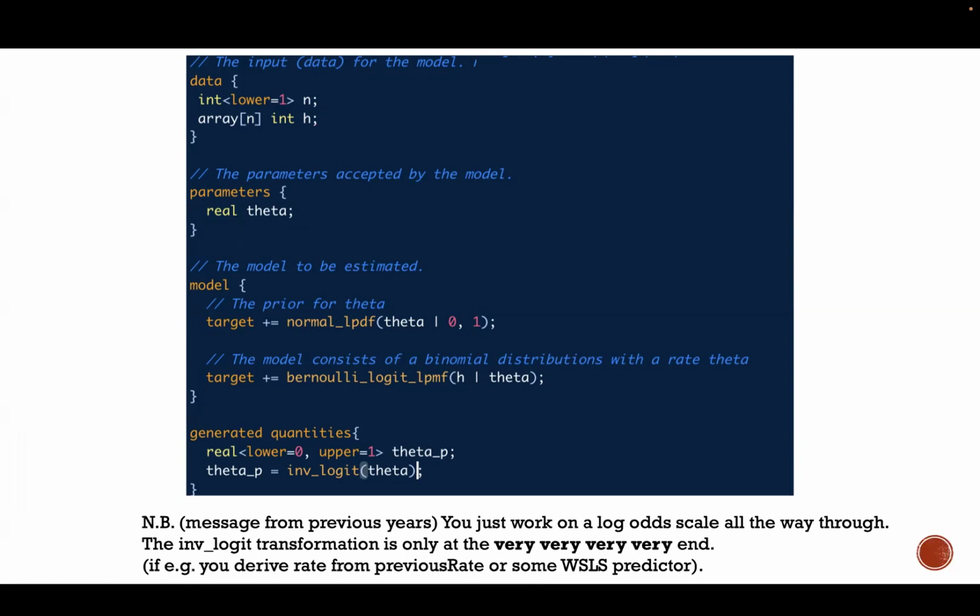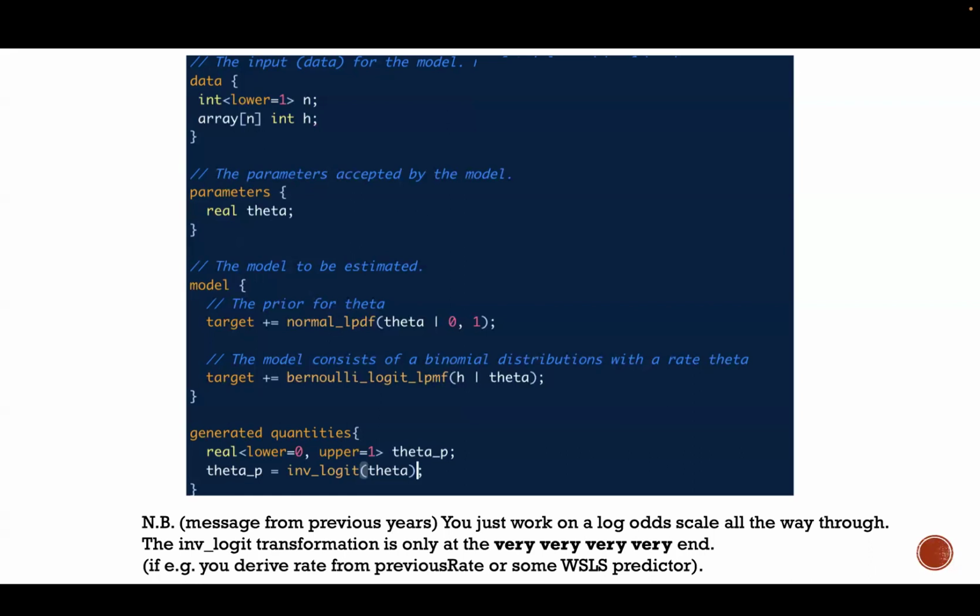Okay. I have a message for you from previous students, which is, remember, you do the inverse logit only at the very, very end. So let's say that you have a model that has alpha plus beta times the previous rate of right, a memory model of some kind. You don't do the inverse logit on the alpha.